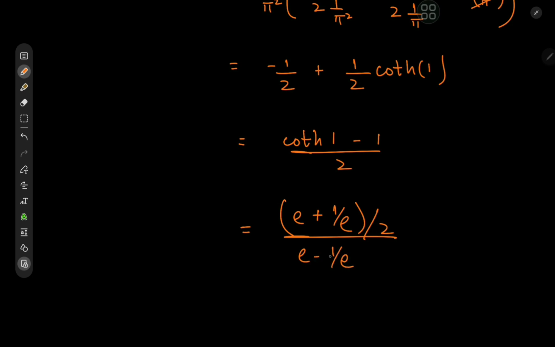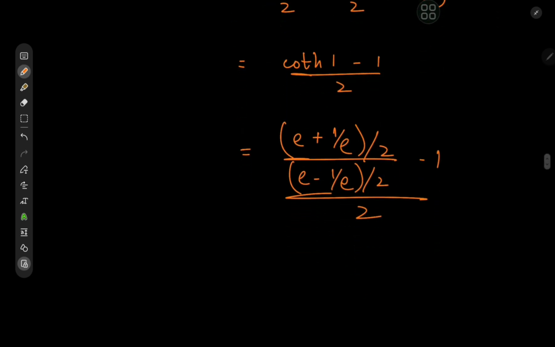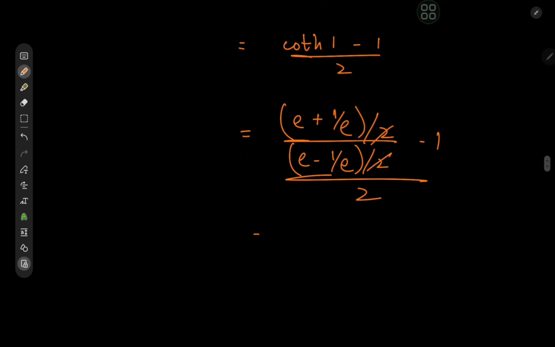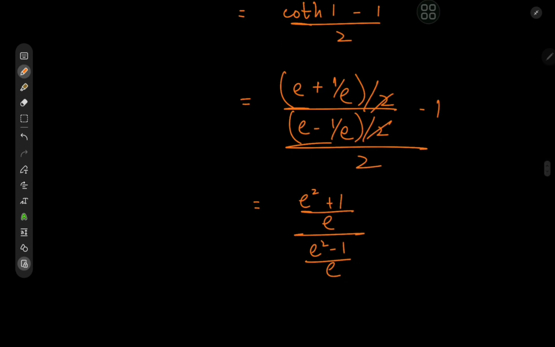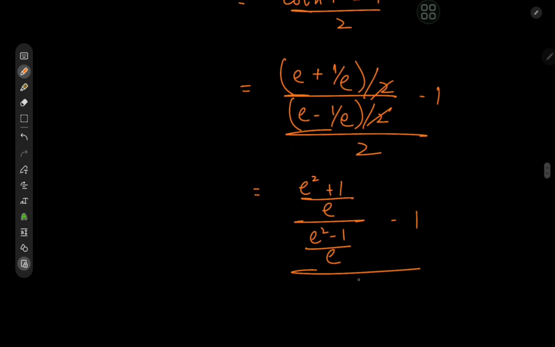So we have e minus 1 by e divided by 2 minus 1 divided by 2, again the cancellation I was talking about. On simplifying the e's and 1 over e's, we have e squared plus 1 divided by e, divided by e squared minus 1 divided by e, minus 1 divided by 2.